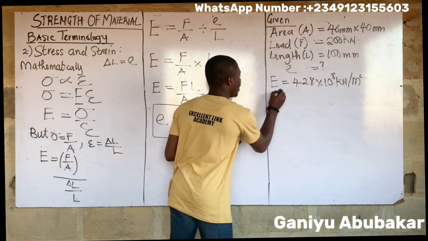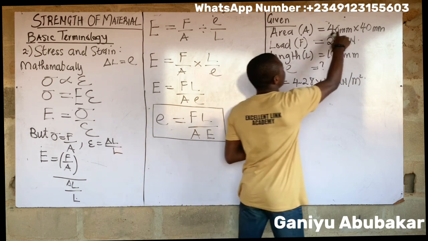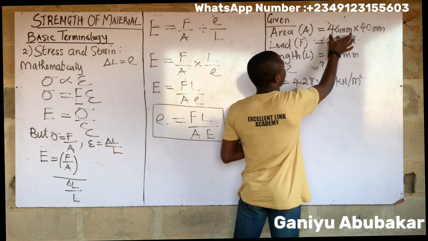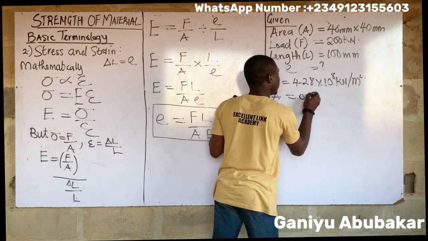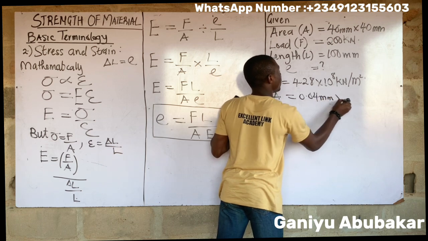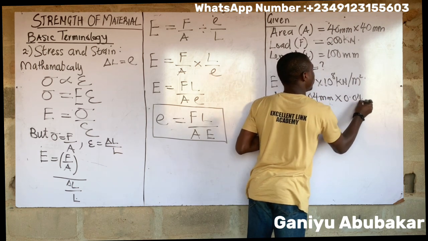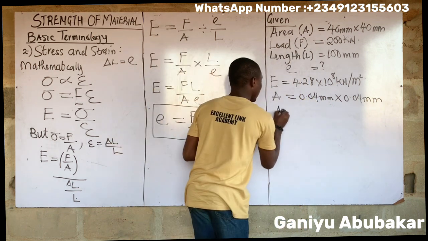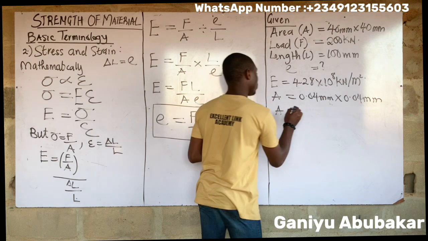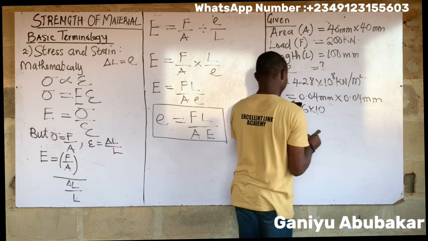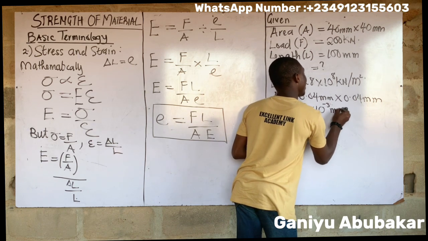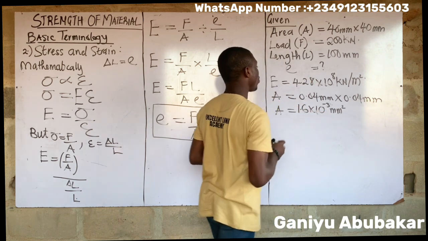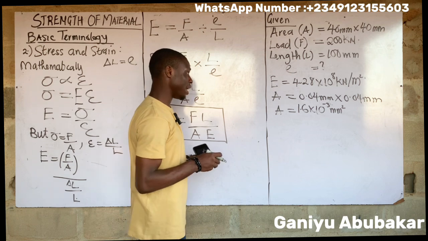For my area A, 40 millimeter to meter is 0.04. So convert this first. 0.04 multiplied by 0.04, my area is equal to 1.6 times 10 to the power minus 3 meter squared. So that becomes the converted value for area.